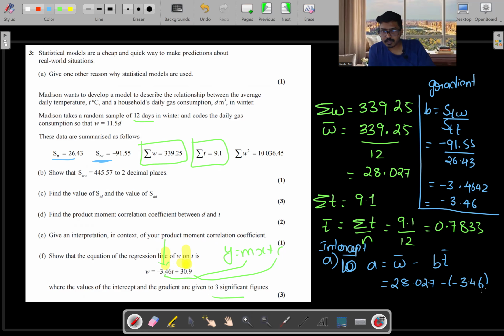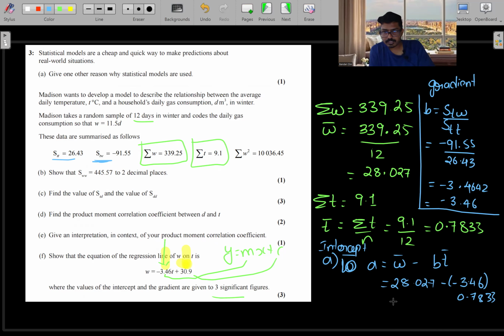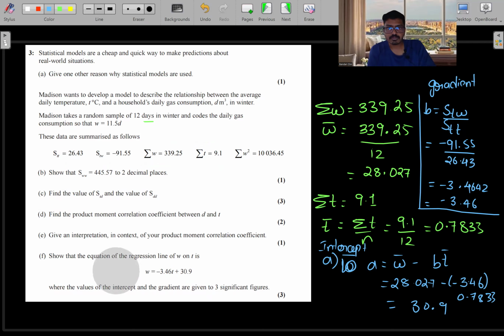And what is the T bar value? 0.7833. So now we will calculate our A value. We got 30.9. Then we put all these values back into the main equation. So we got our B value, which is minus 3.46 T plus 30.9. So this will be our answer for the F part.